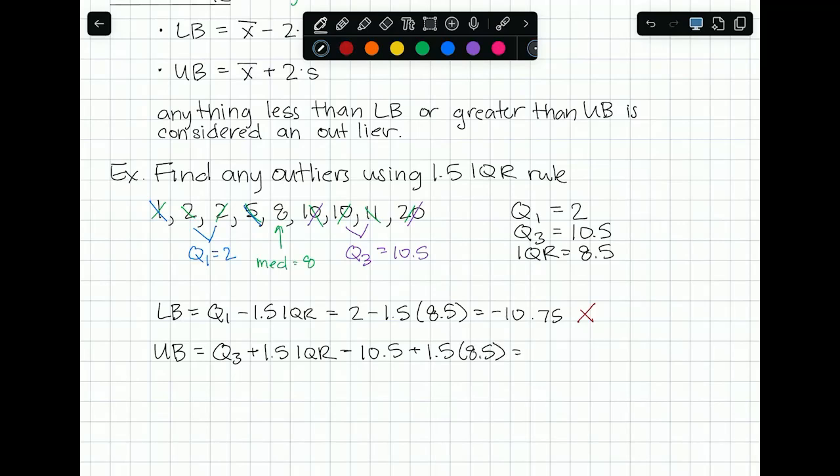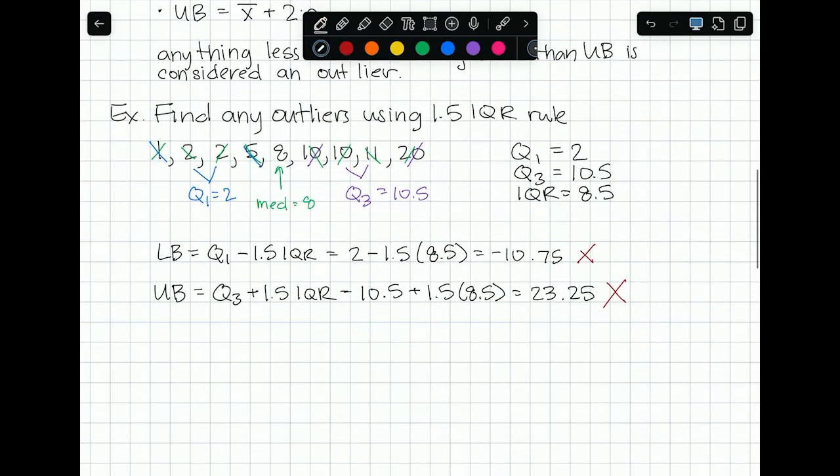And I have a sneaking suspicion that's going to be bigger than 20, but let's check. 10.5 plus 1.5 times 8.5, and we get 23.25, which is just a little bit bigger than our largest value of 20. So there's no outliers on the upper end. So there's no outliers in this data set.